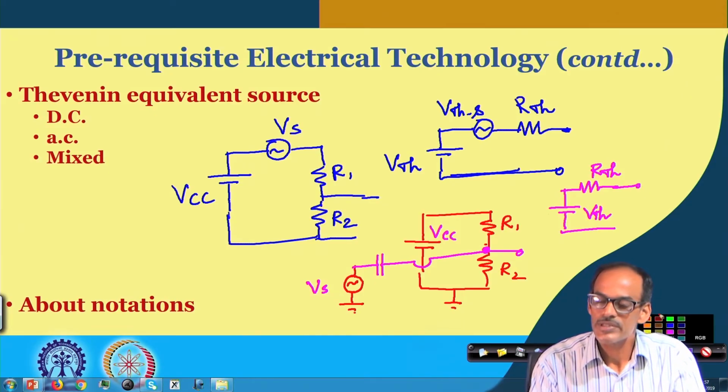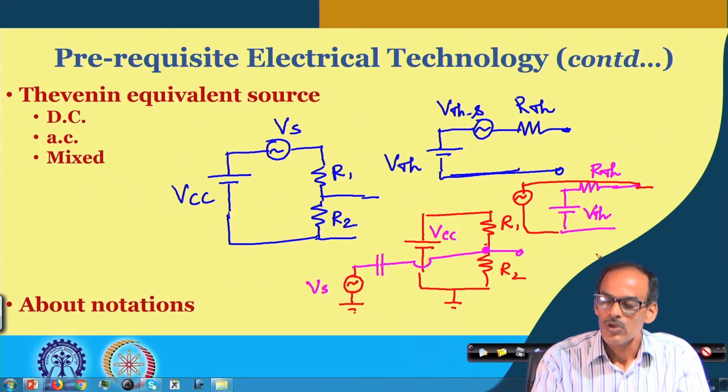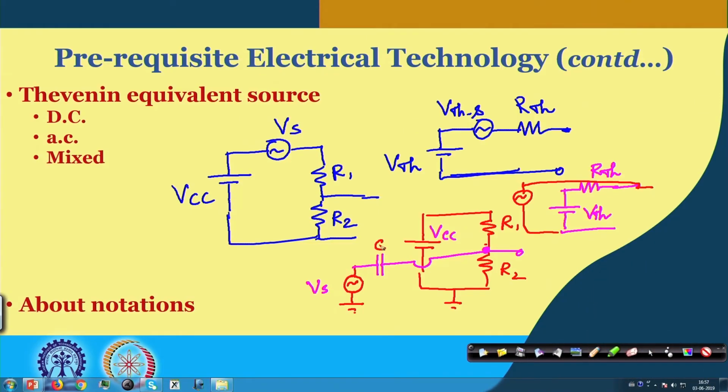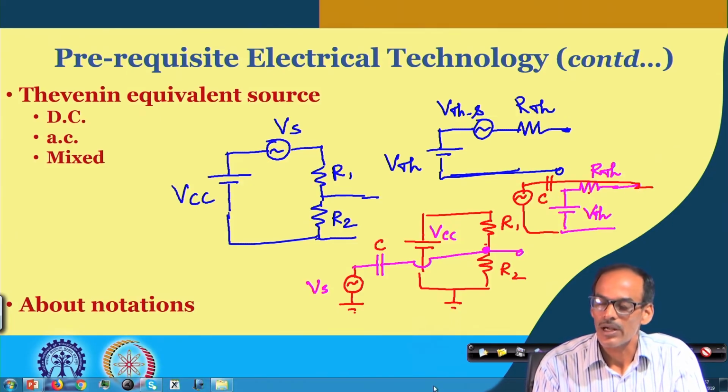So, we do have the signal, the same signal is directly coming here. Okay. So, of course, this is fairly complex, but this signal is going through a capacitor, which is a very important thing. The capacitor will be seeing this resistor which is RTH.